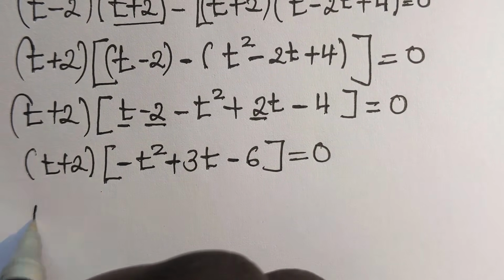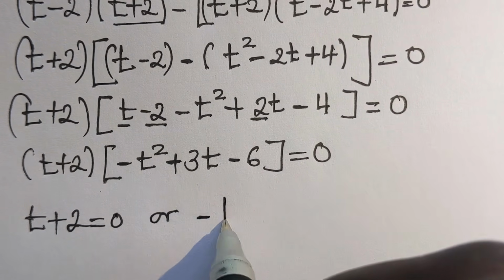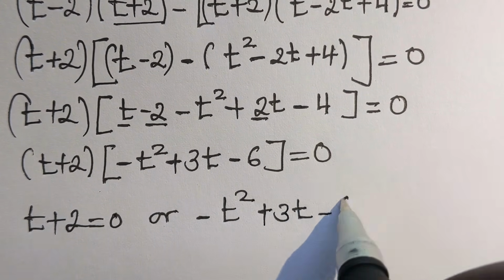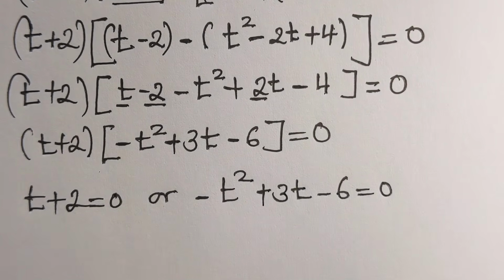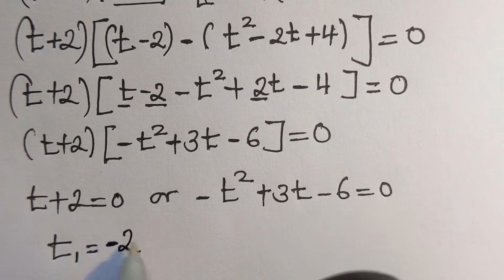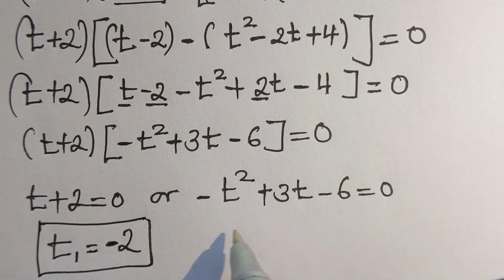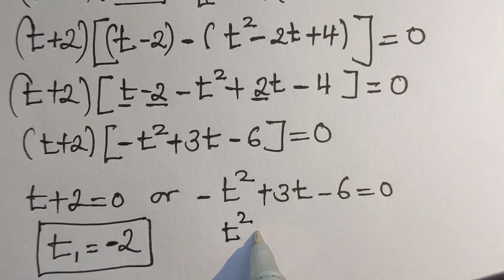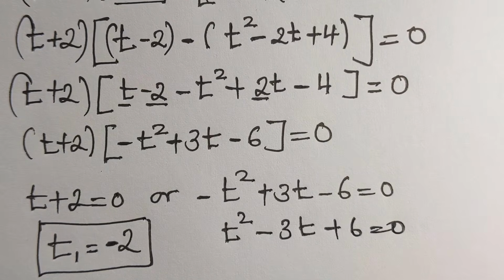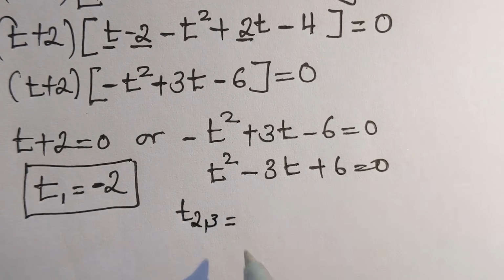So at this stage we have T plus 2 equals 0, or negative T squared plus 3T minus 6 equals 0, so that our T1 is equal to negative 2. So here we can divide by negative to get T squared minus 3T plus 6 equals 0, and you are supposed to find T2 and T3.